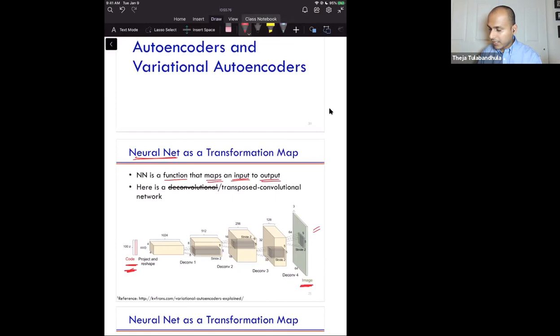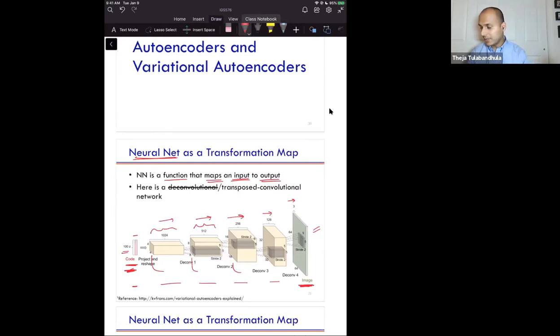For example, you're going from a 100-dimensional vector to, in this example, a 4 cross 4 cross 1024 dimensional tensor, and then to an 8 cross 8 tensor where the depth is decreasing as you see in this example, to a 512 depth tensor, to a 256 depth tensor, and so on, to 128, to 3. And as you can see, the height and width are doubling at every step. So this is an example of going from a small, one-dimensional tensor to the tensor that we care about, which is the image.